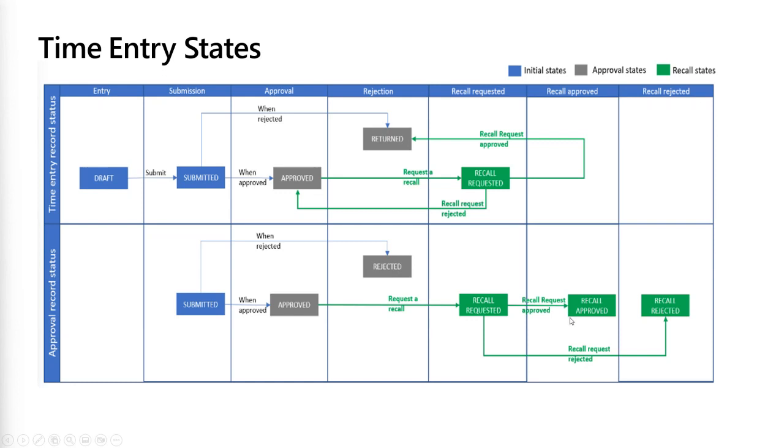The approval record status may have recall requested, and if it's approved, then it's recall approved or recall rejected. Whereas the time entry record status will automatically change to returned, which will then change to submitted, approved. Finally, that's what it will retain, and this flow will get started all over again.